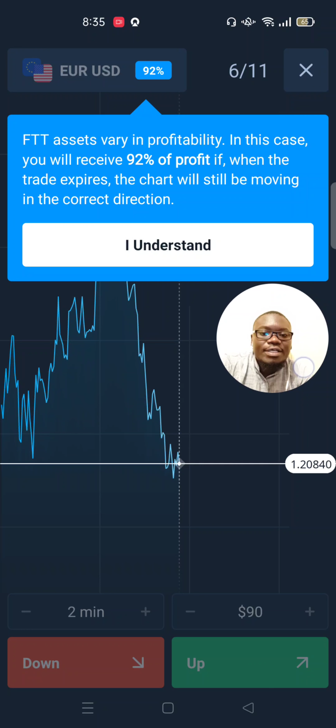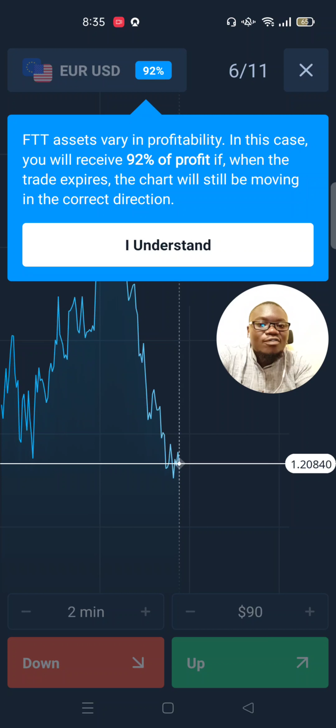Yeah, so after making your prediction in whichever direction, up or down, if after that 1 minute that asset price is still moving in the same direction that you predicted, then you make your profit up to 92% profits in Olymp Trade. Okay, so I hope you've understood that.